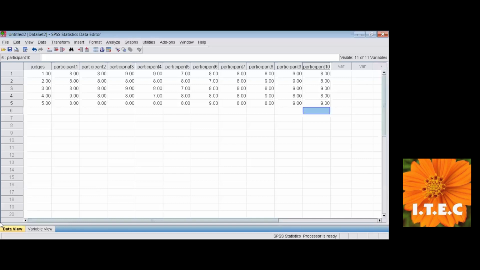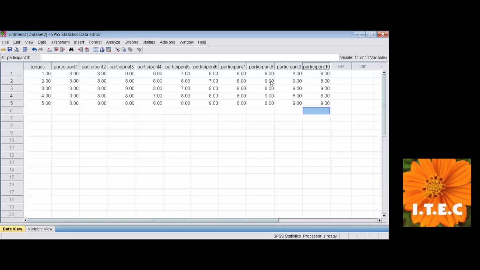Okay. Now you see that judge one, when he's judging the participants, here it is 8, here it is 8, here it is 9, here it is 9, here it is 7. Now the judge 2: 8, 8, 8, 8, 8, 7, 8, 9.